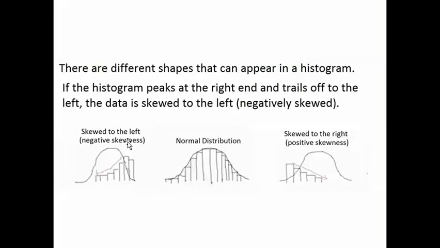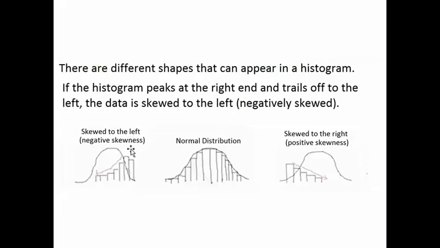So this type of a shape, a negative skewness, peaks too far to the right to be a normal curve, and this shape that's a positive skewness peaks too far to the left to be a normal curve. You have to remember that skewed to the left doesn't mean it peaks at the left end, and skewed to the right doesn't mean it peaks at the right end.